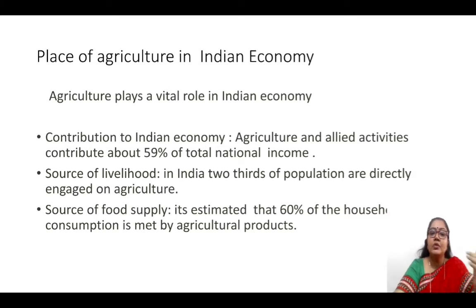When it comes to the sources of livelihood, we find that two-thirds of the population of India are directly engaged in agriculture. And about food supply, it's estimated that around 60% of our household consumption is met by agricultural products.